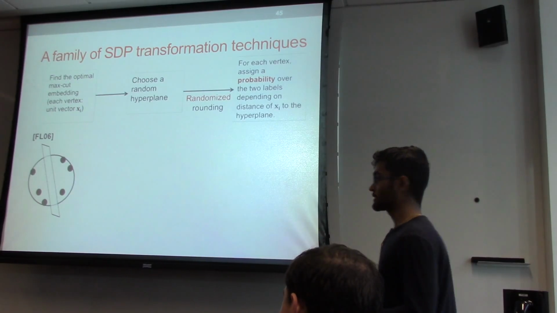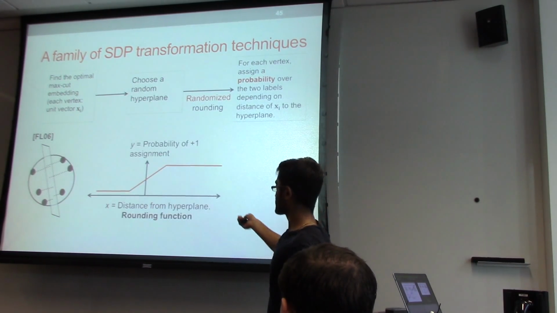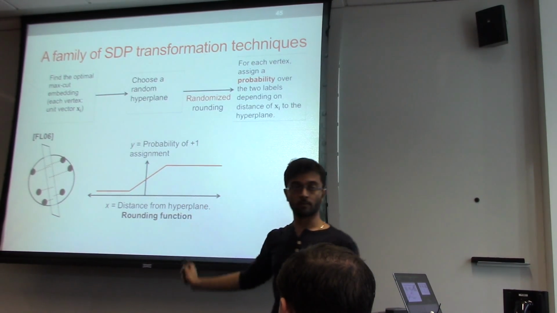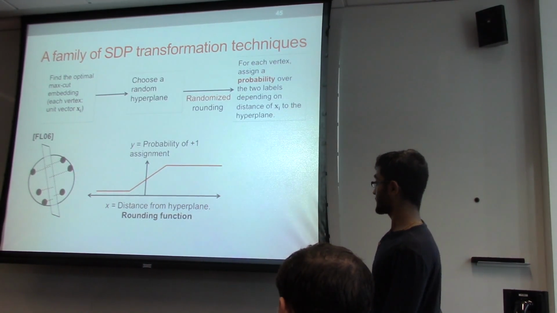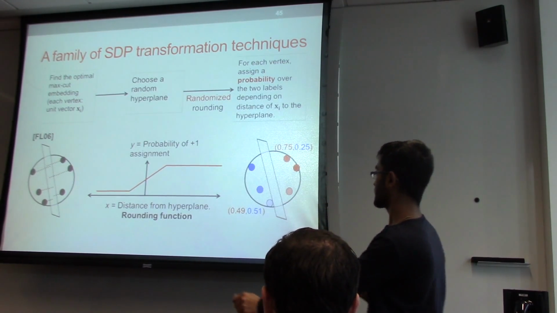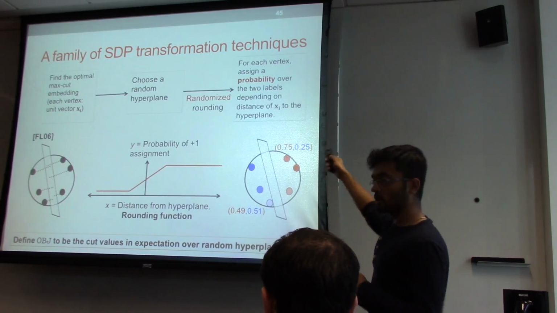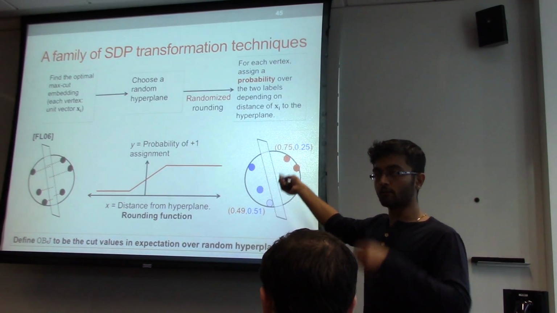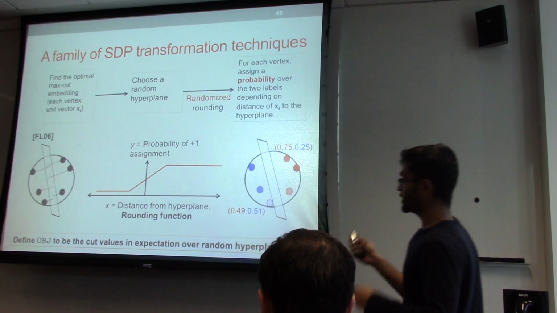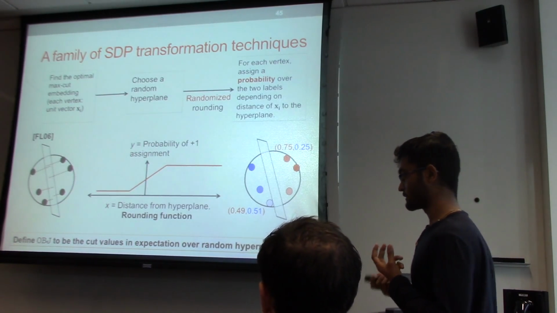But in order to do this, I need a rounding function. So what is a rounding function? It maps distances from the hyperplane to probability values. And I get these probability values. Okay. So now this is not really going to give you a proper cut of these vertices, but I'm going to define obj, which is how I'm going to evaluate the solution.